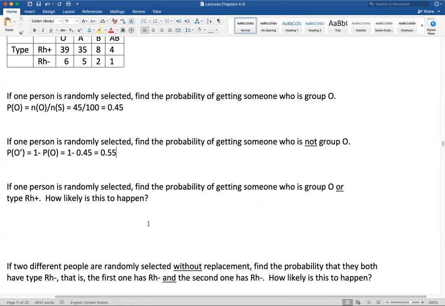And if one person is randomly selected, find the probability of getting someone who is group O or type Rh plus.